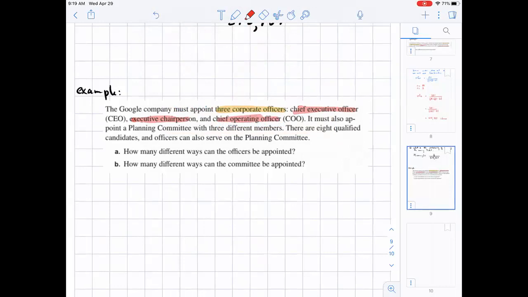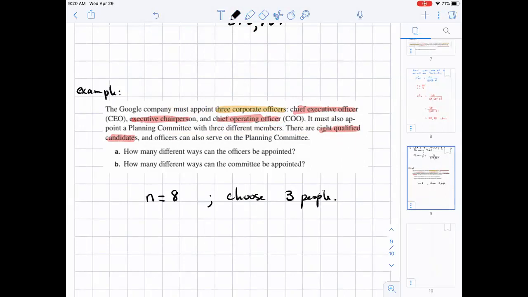Also, there are 8 qualified candidates. So in the first scenario, whatever the question is, we know that N is equal to 8, and we also know we want to choose 3 people.